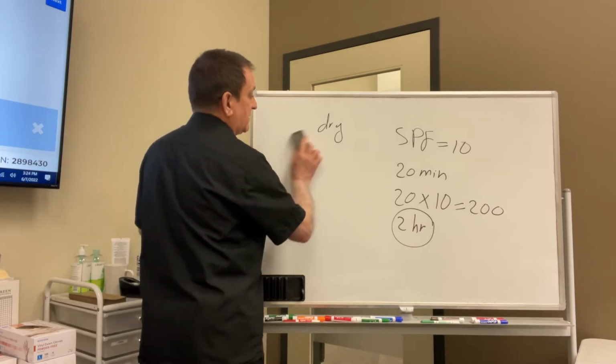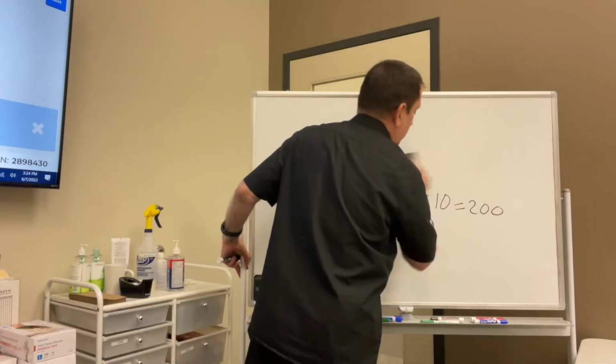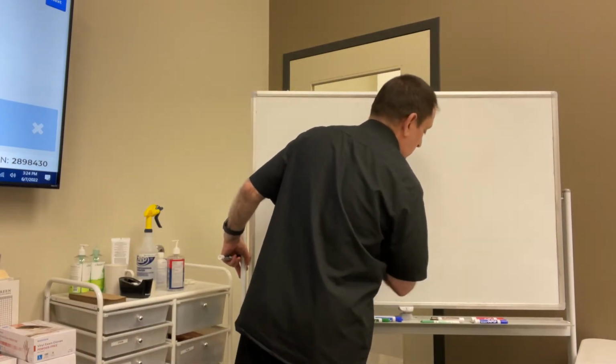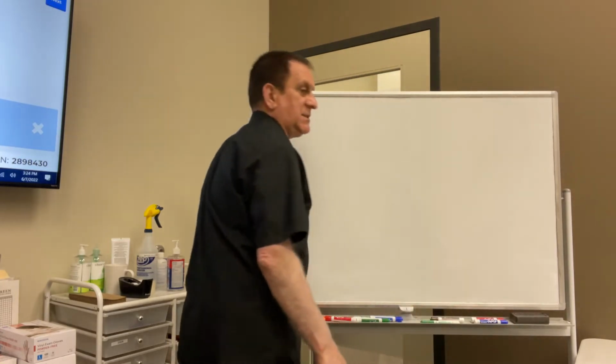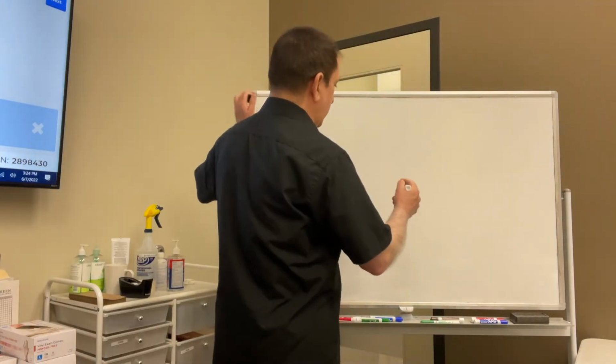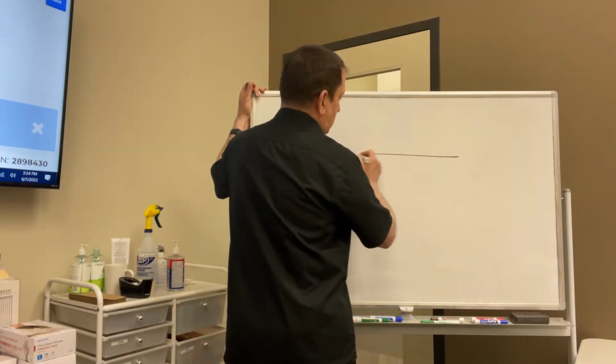Now let's go back to what type of sunscreen. I'll come back to these things, but let me talk about what type of sunscreen you use on somebody who has done a chemical peel. Let's see, this is the skin.